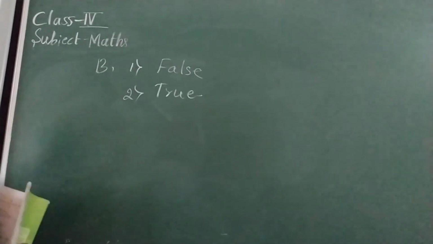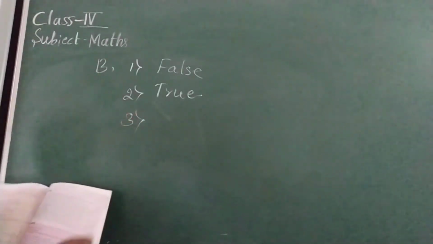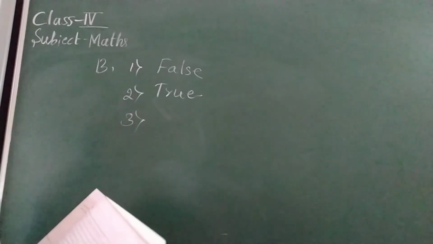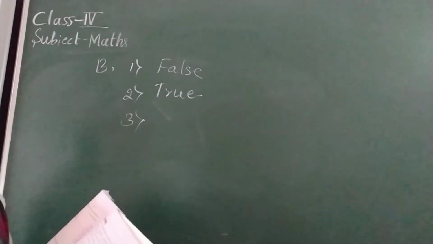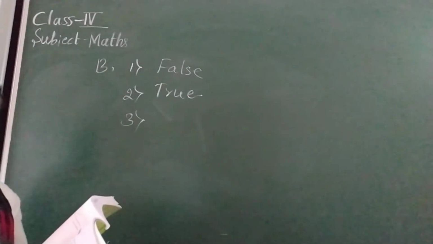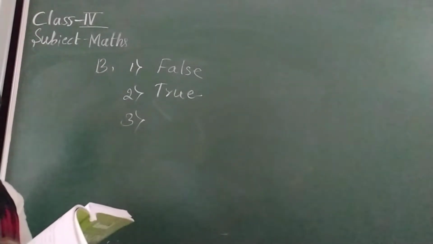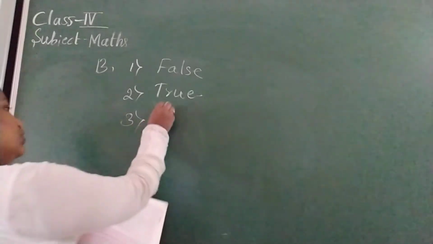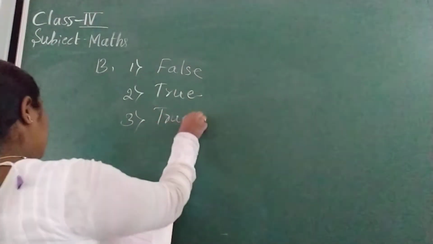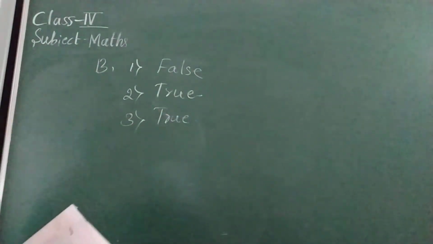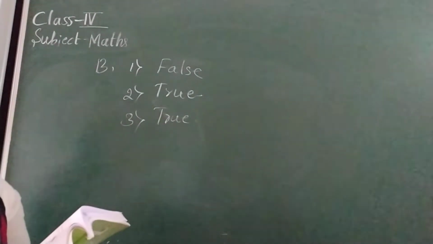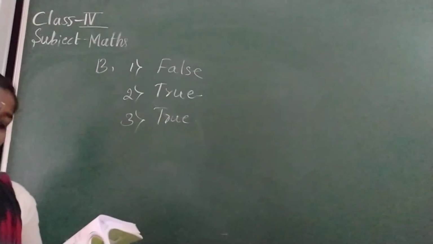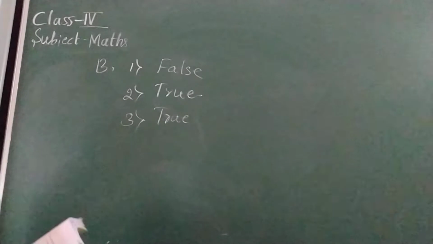Next, question number 3, statement 3. If 1,26,895 is divided by 10, the remainder is 5. Yes, true. Just observe the units place, that is 5. So if we divide it by 10, always 5 will be the remainder.